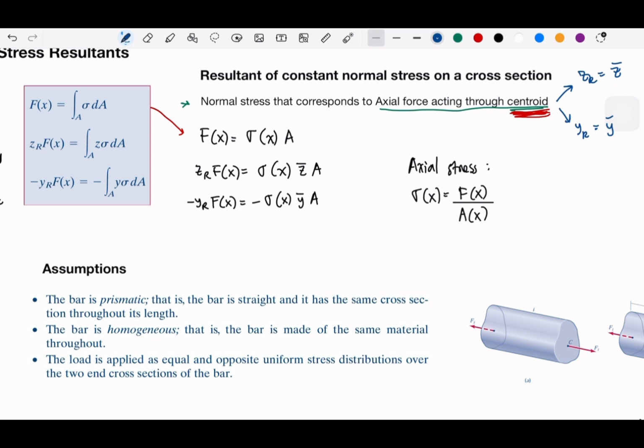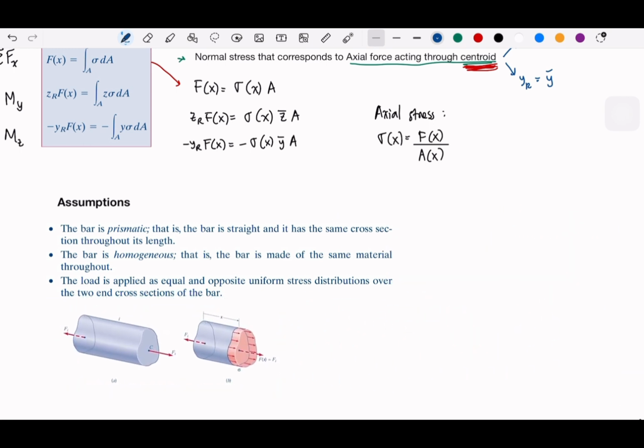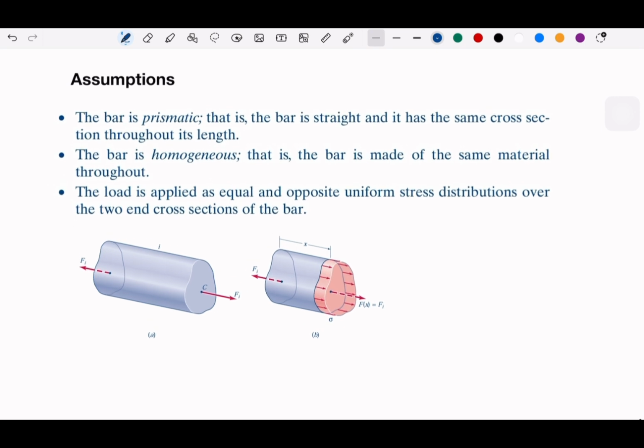So how we describe it is on this picture here. It has the axial load, same material, all the cross section has the same area. So we can distribute all forces. They are equal or homogeneous on every surface. If you cut here, it will be the same. If you cut here, it will be the same. So it's the simplification or assumptions to help our calculation.